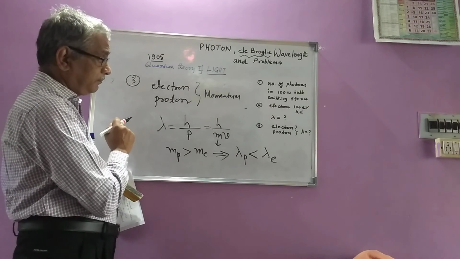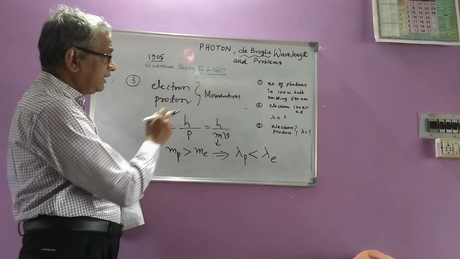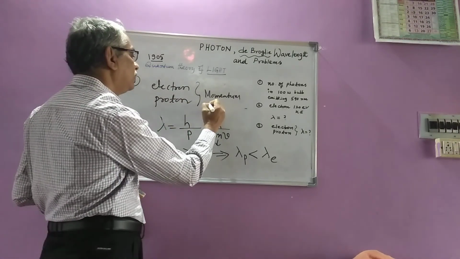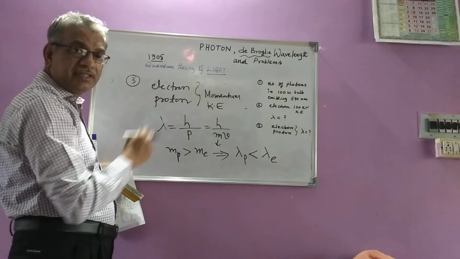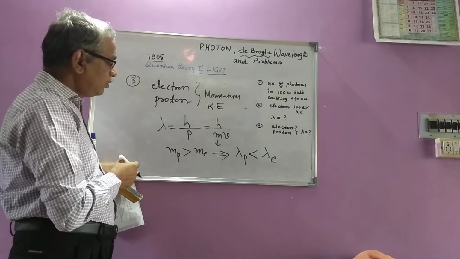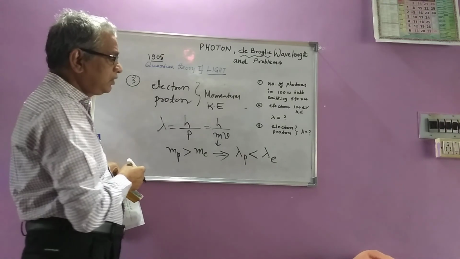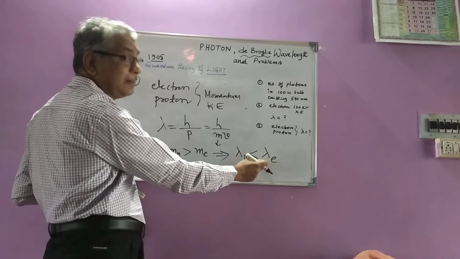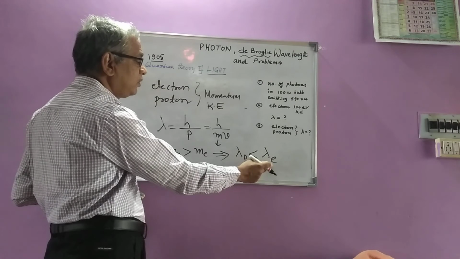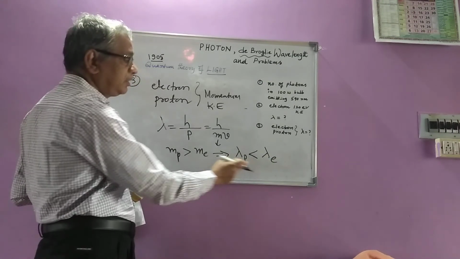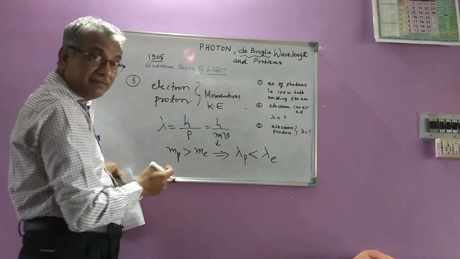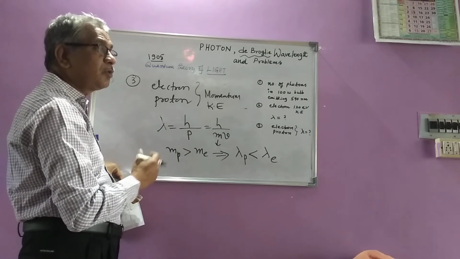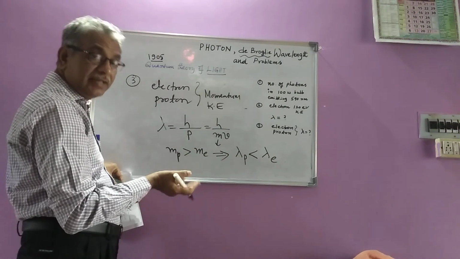This is the answer. Same question. Instead of telling same momentum, we may also tell same kinetic energy. Both are moving with the same kinetic energy, which will have more lambda value? So electron will have more lambda value. Lambda of electron is more, lambda of proton is less. So de Broglie wavelength of electron is more compared to the de Broglie wavelength of proton, because proton is more massive than the electron.